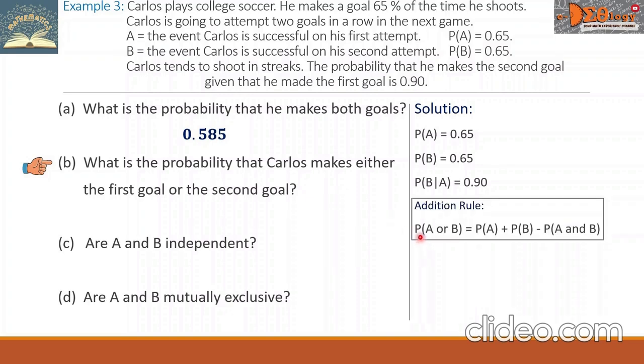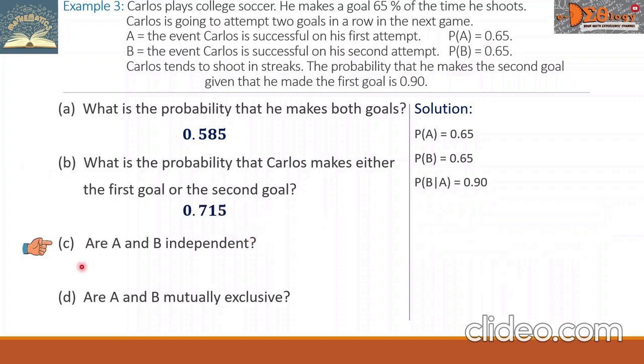The formula is P of A or B equals P of A plus P of B minus P of A and B. We substitute the values for P of A, P of B, and for this P of A and B, the value is what we found in this problem A. So the values will be 0.65 plus 0.65 minus 0.585. Finally, the answer is 0.715. This is the answer for problem B.